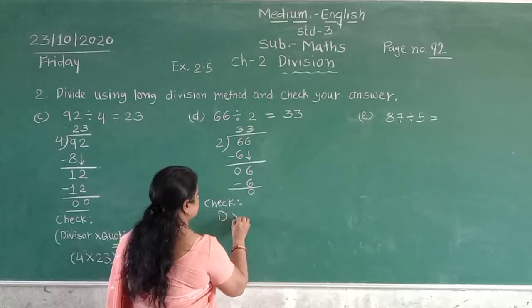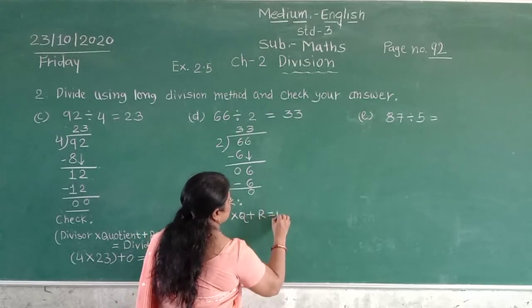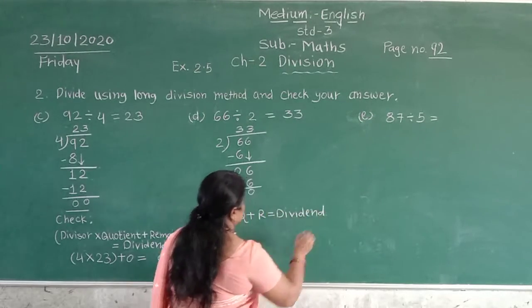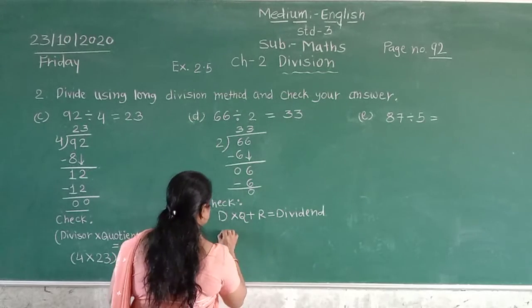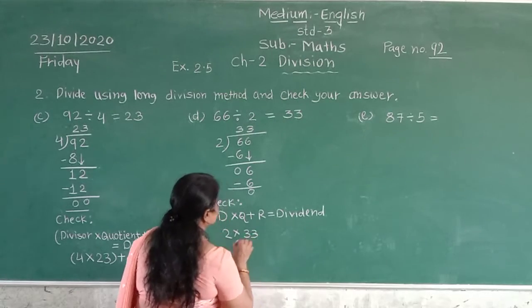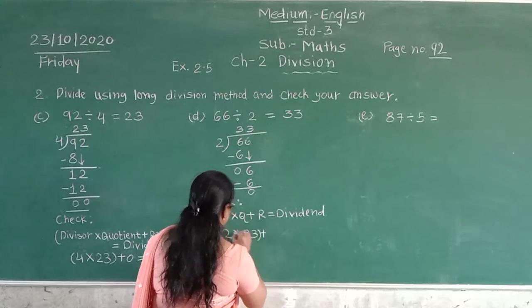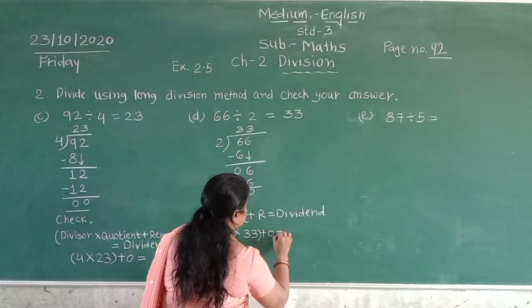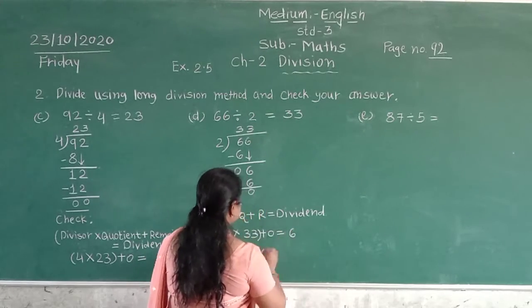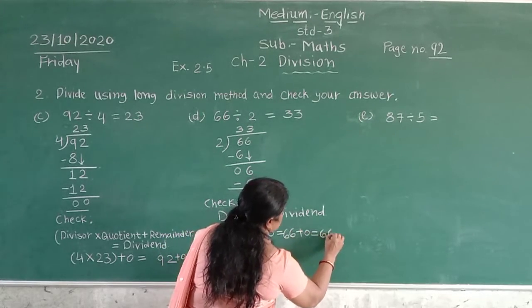D multiply Q plus R equal dividend. Now divisor 2 multiply quotient 33 plus remainder 0 equal. 2 3s are 6 and 2 3s are 6, plus 0 equal 66.